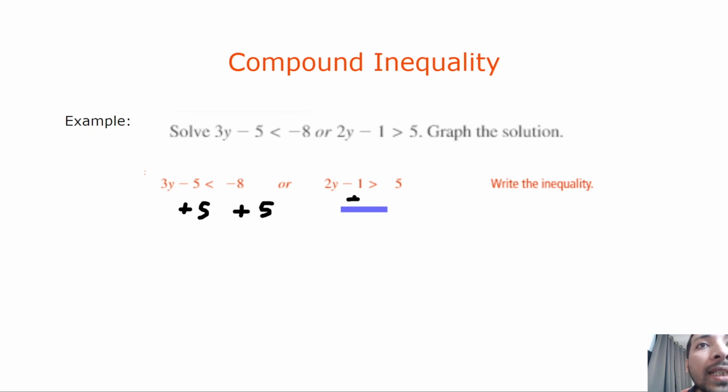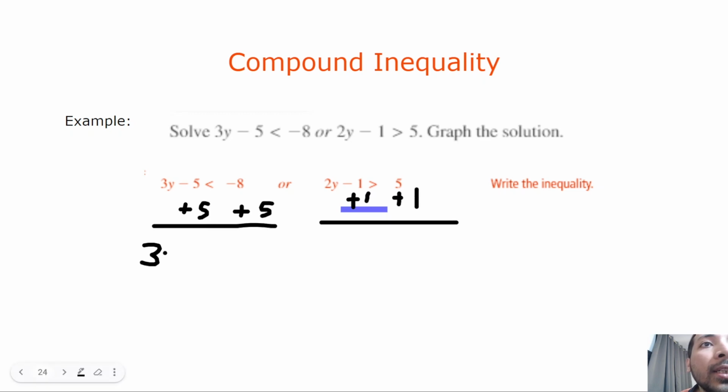And for this one we just add 1 on both sides. Once we do that, we get 3y less than negative 3. For this one we get 2y greater than 6.